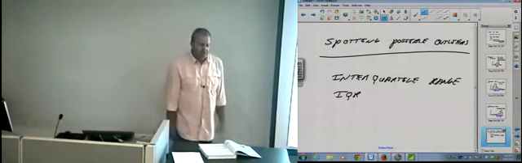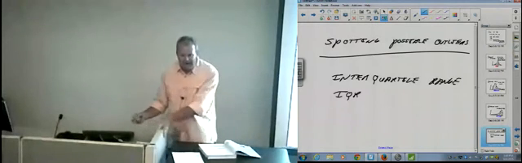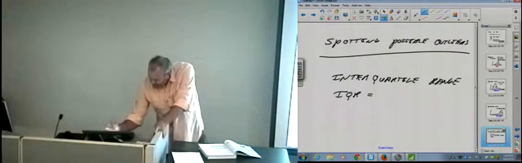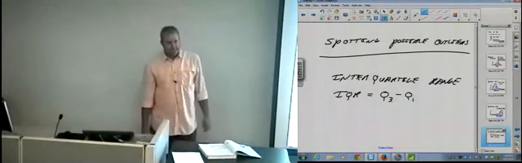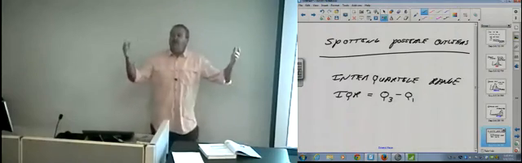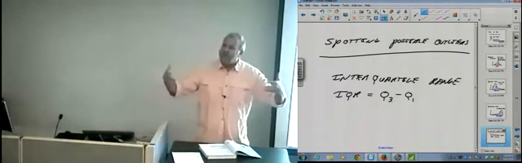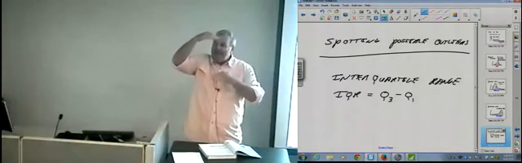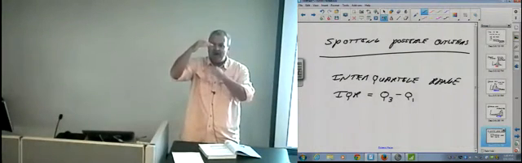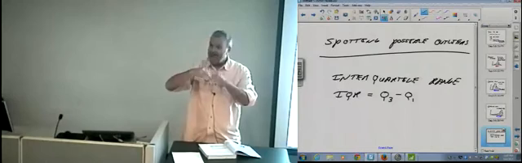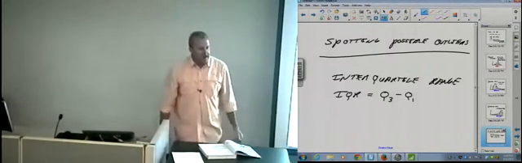That's our notation for it. And the way you calculate this is, it is the third quartile minus the first. It's giving you the range of the middle 50%, right? That is the length of your box in your box plot, Q3 minus Q1. What you're seeing in the box plot, that length there, that distance, that is your interquartile range.